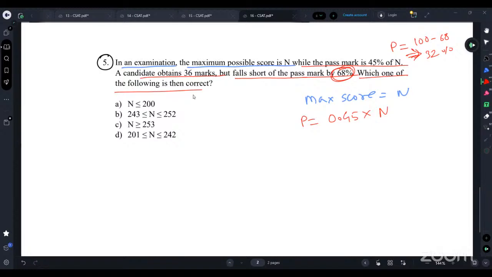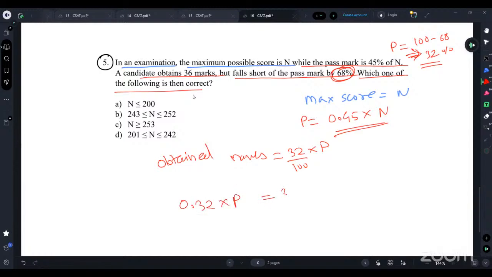See now, guys. Okay, so basically, what are the passing marks? Passing marks is what? 0.45 times of n. And what marks has he got? Obtained marks are 32% of passing marks, right? So 32 by 100 into p, right? So 0.32 times of p, right? That is equal to 36.